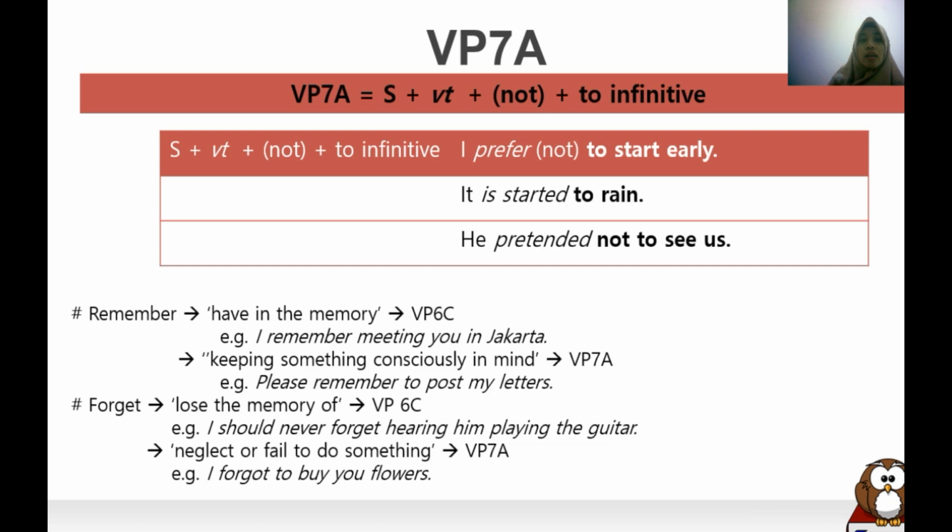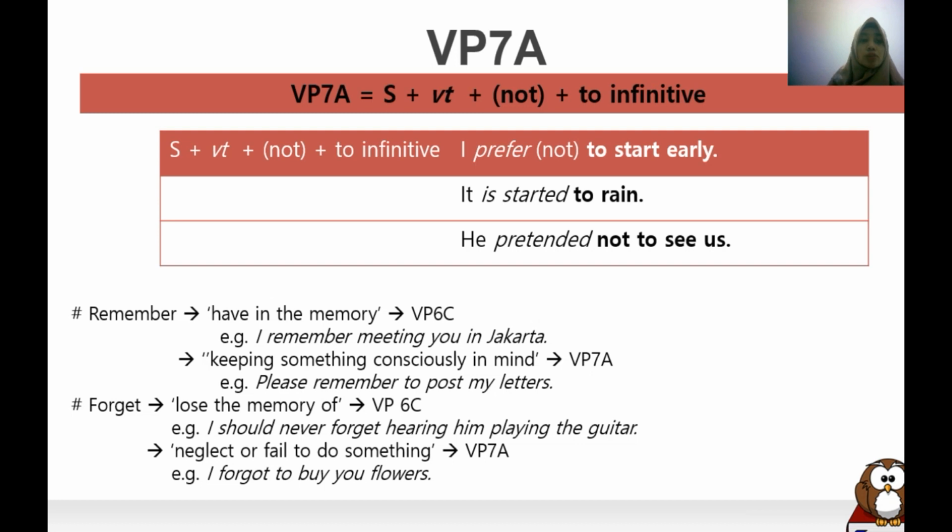So remember here means having the memory. But when the meaning is keeping something consciously in mind, you use VP7A, like please remember to post my letters. So here remember means to keep in mind that you have to post my letters.